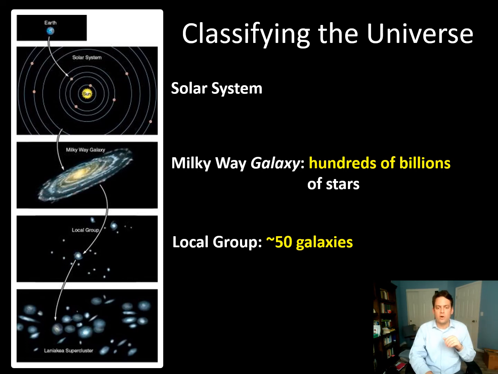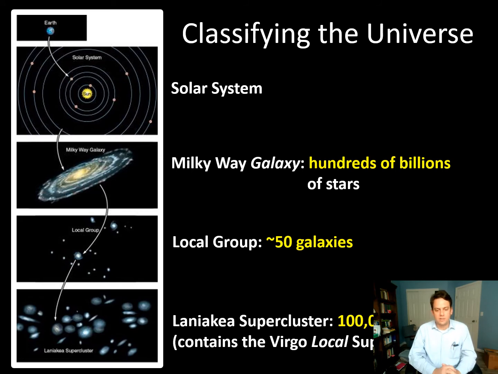And then if you zoom out farther, you get to something which is known as the Laniakea supercluster, which consists of just an egregious number of galaxies and is enormous. Okay. One caveat is that if you had taken this class even, I think, 15 years ago, you would have been told that after the local group, there was something called the Virgo supercluster, and that was the supercluster that our local group exists in.